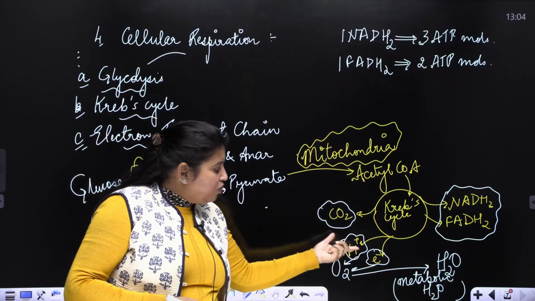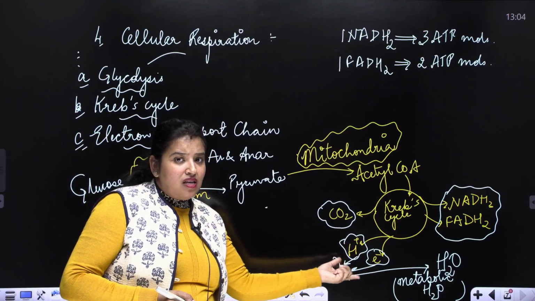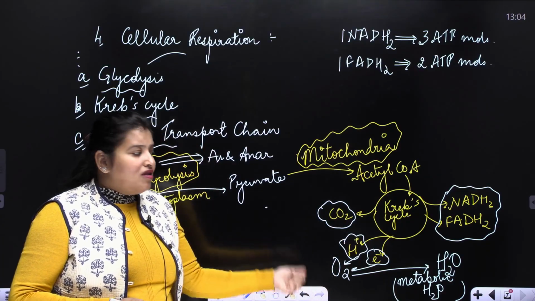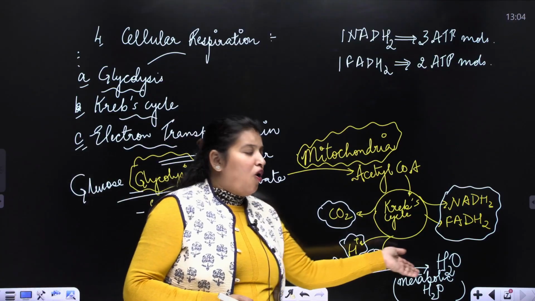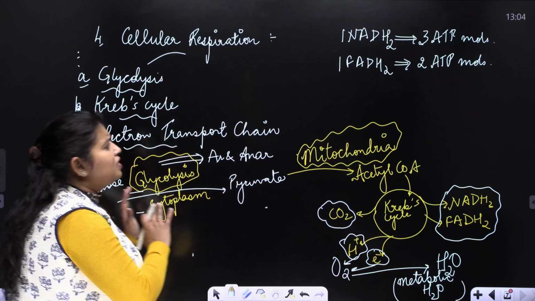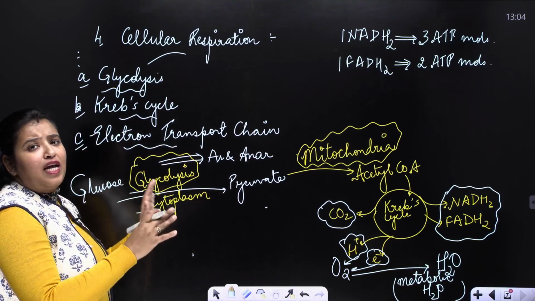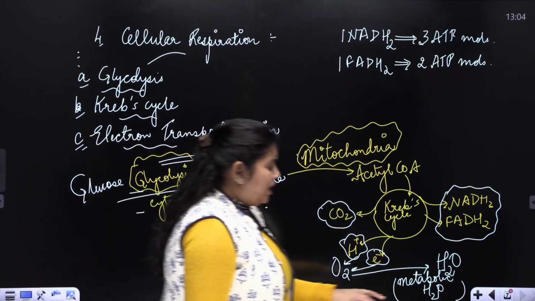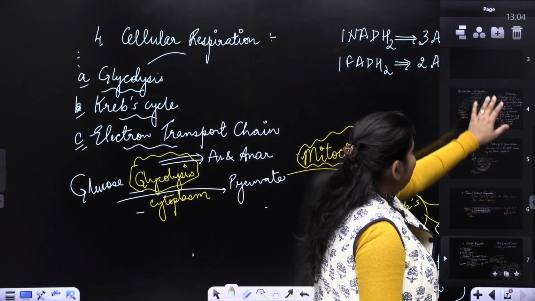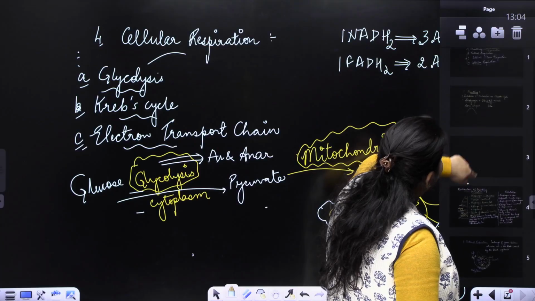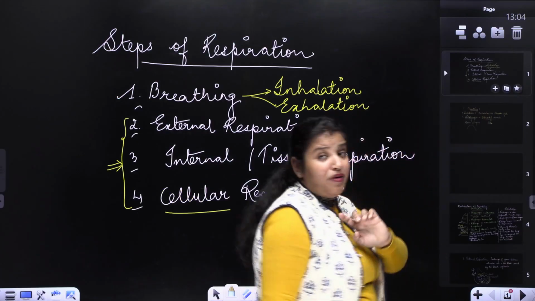So this is how the protons, electrons which are released are finally accepted by oxygen, and this results in the formation of metabolic water. So this is the summary of your cellular respiration. So now you can come back to the first slide and recall that I told you that there are 4 steps of respiration.